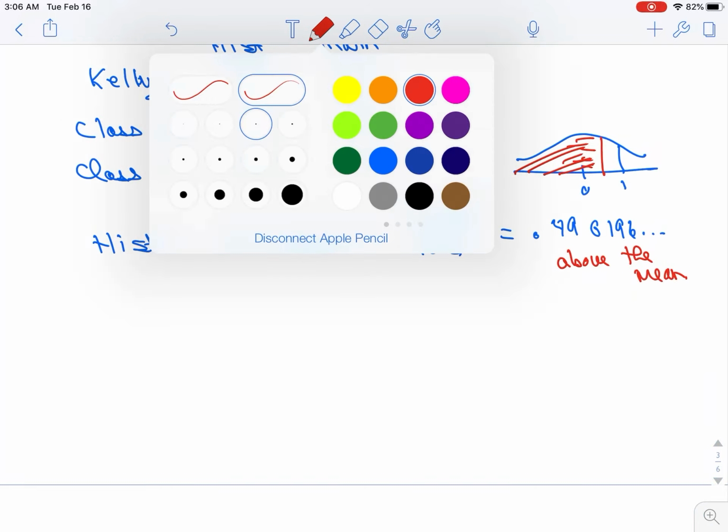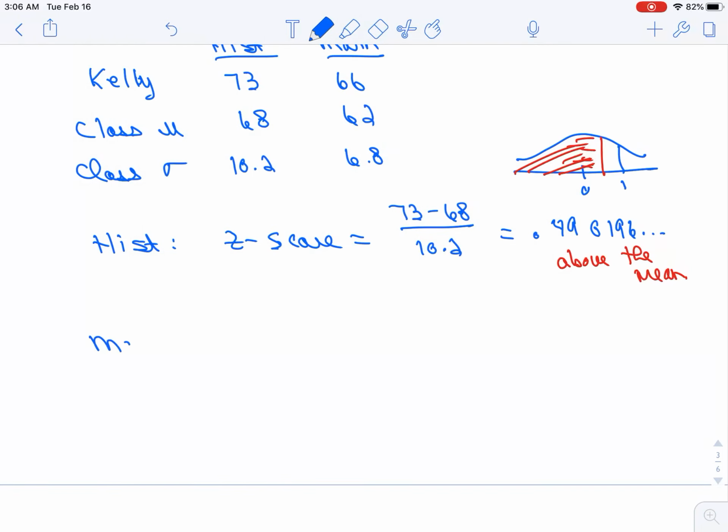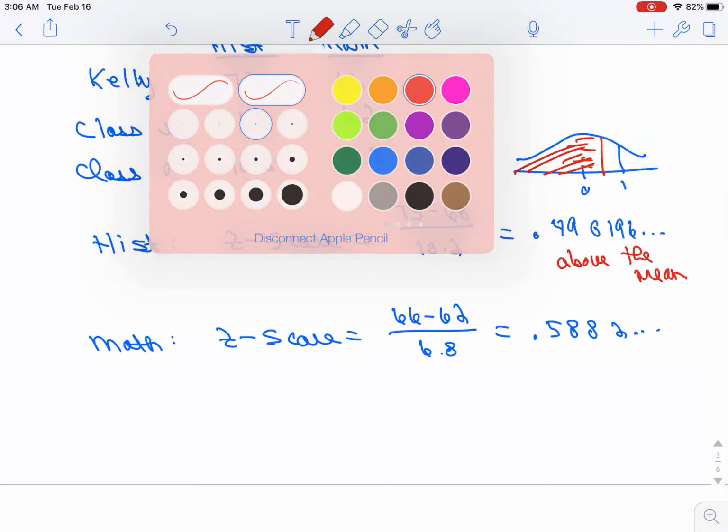Okay, now let's take a look at her math score. Her math z-score is going to be her score, which is 66, minus the class mean, which was 62, divided by 6.8. And that turns out to be 0.5882 and so forth. And remember what this stands for.